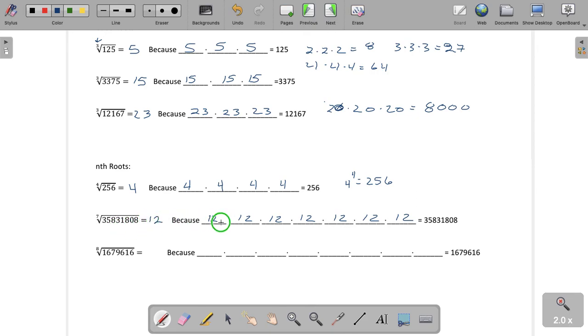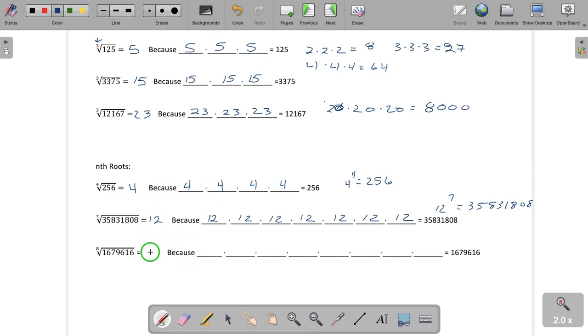So 12 to the 7th power equals 35,831,808. So if 12 to the 7th equals that, the 7th root of that is 12.